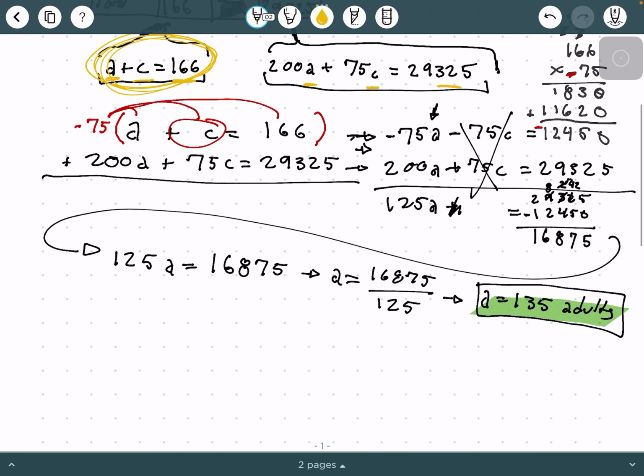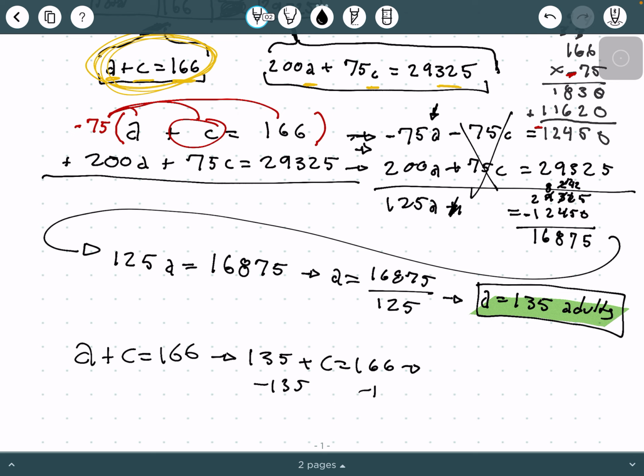So if we just plug that in, now we know A, so we say 135 plus C equals 166. Well, then when we subtract 135, we end up getting that C equals 31 children. And that is our other answer.